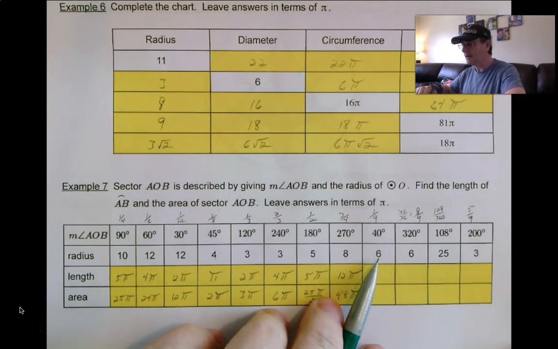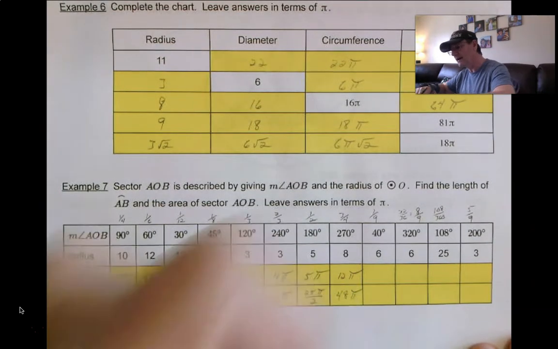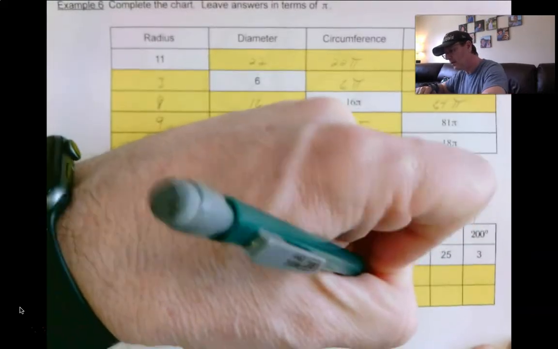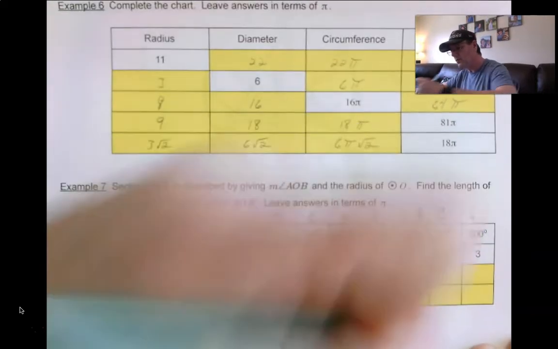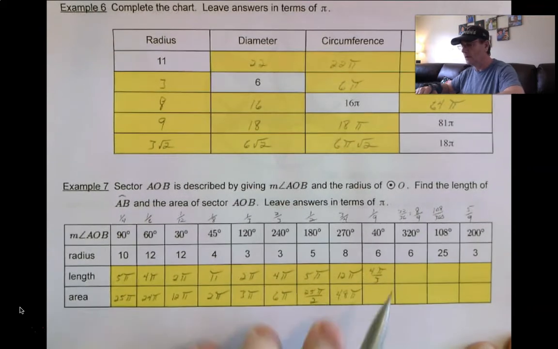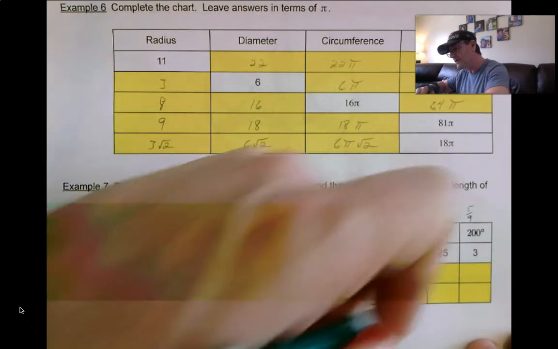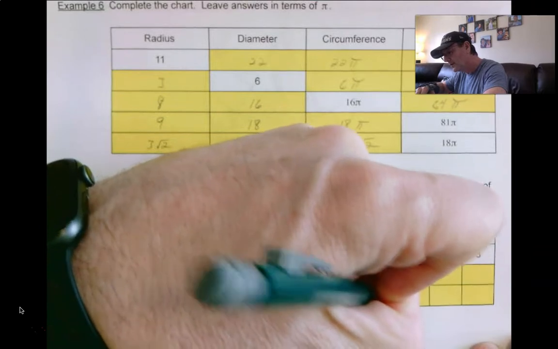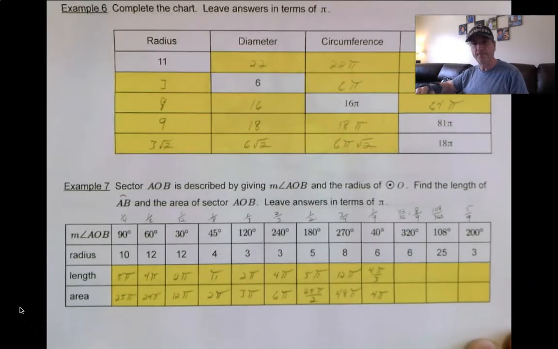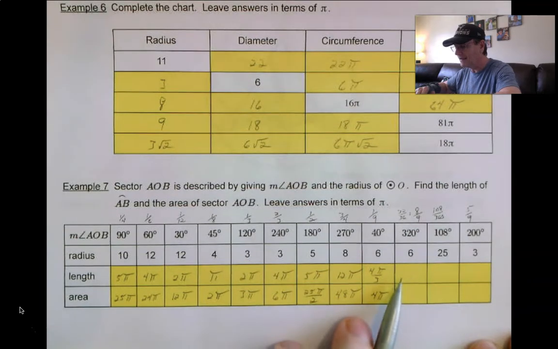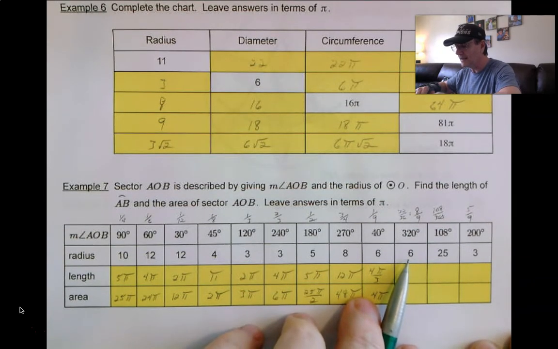Circumference is 12 pi. 1/9 of 12 pi is 12 pi over 9, which reduces to 4 pi over 3. 36 pi is our area. 1/9 of 36 pi is 4 pi. Here, 8/9 of 12 pi.